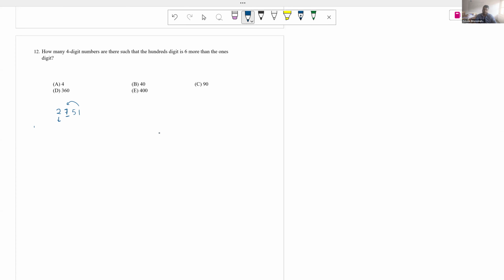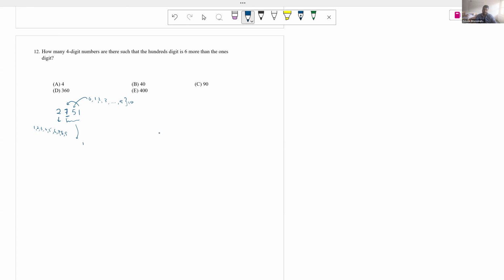You can have 1, 2, 3, 4, 5, 6, 7, 8, 9 choices here. And there is no restriction on this digit. And also you have 0 because you can have 0 in the middle. So 0, 1, 2, up to 9. So 10 choices. How many choices do these have?